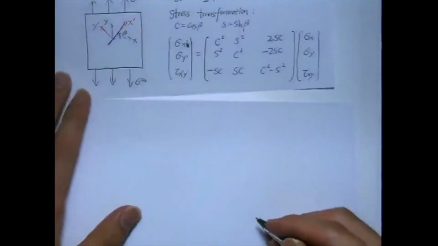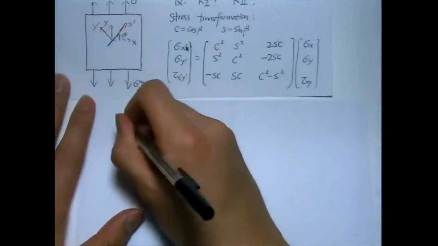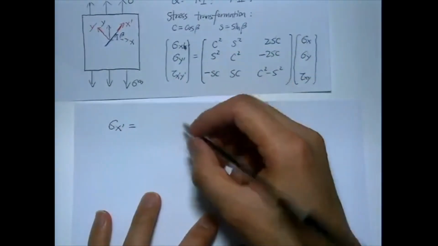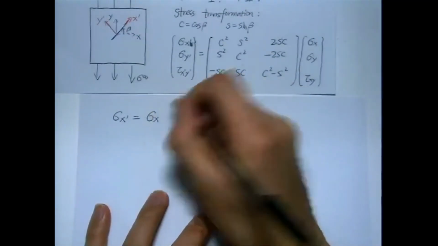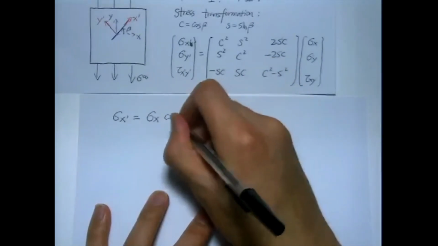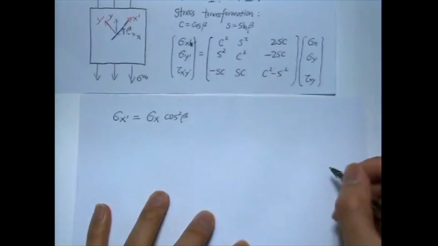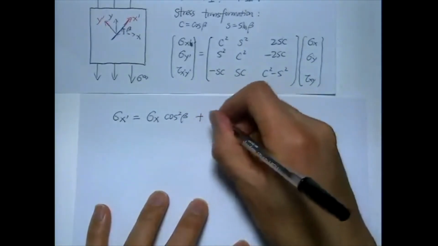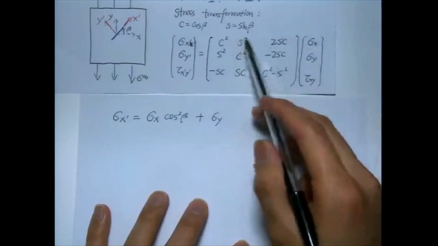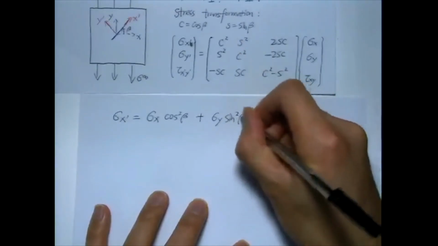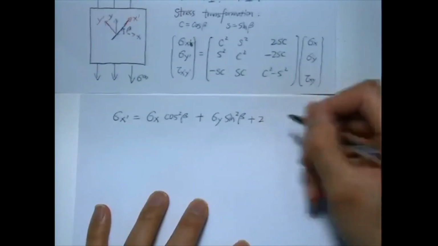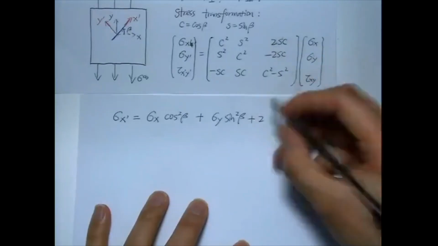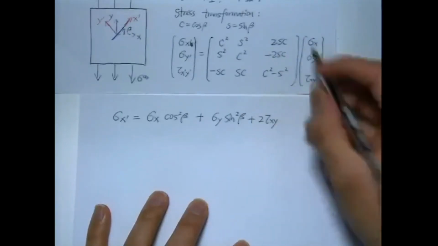So let's write sigma x prime equal to cosine beta squared plus sigma y. So this term times that is sine beta squared, plus 2sc, and then this term times that, times tau xy shear stress, and times s and c.